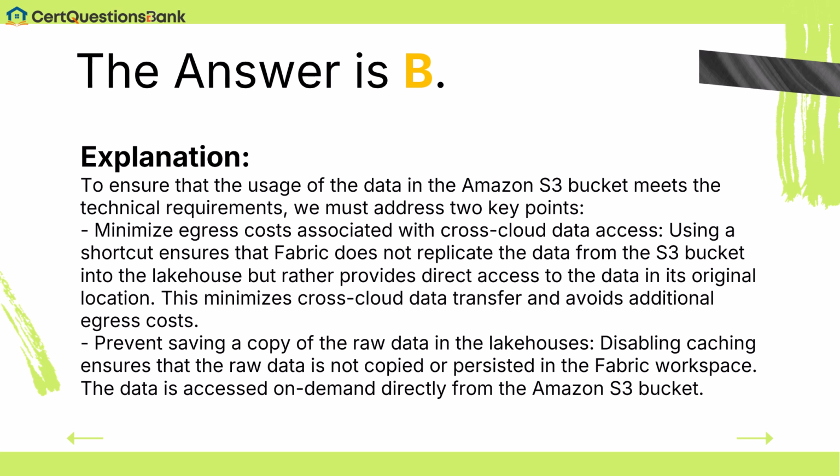This minimizes cross-cloud data transfer and avoids additional egress costs. Prevent saving a copy of the raw data in the Lakehouses. Disabling caching ensures that the raw data is not copied or persisted in the Fabric workspace. The data is accessed on demand directly from the Amazon S3 bucket.